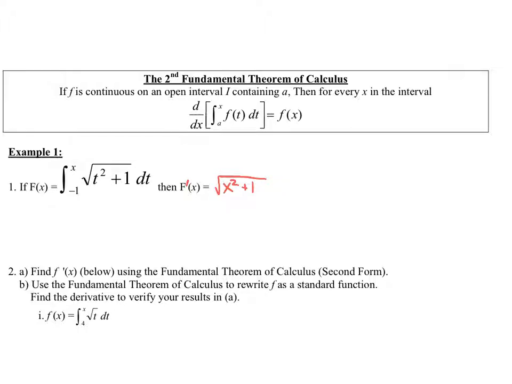Notice this square root function is continuous where t is -1; it is defined there. So f prime of x is the square root of x squared plus 1.